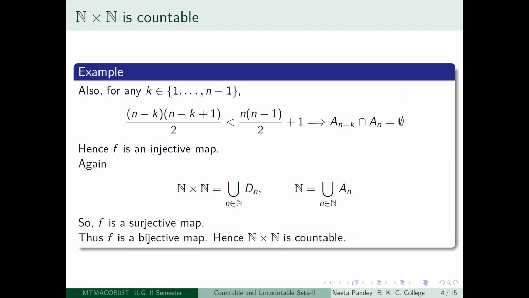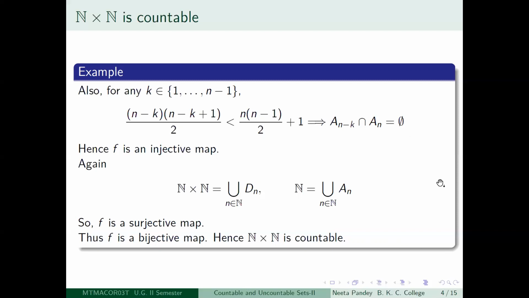Apart from this, you can give another proof also of the fact that N cross N is countable. In fact, there are several proofs. What you do is just take any (n, m) and send it to 2 to the power n, 3 to the power m. Why 2 and 3?